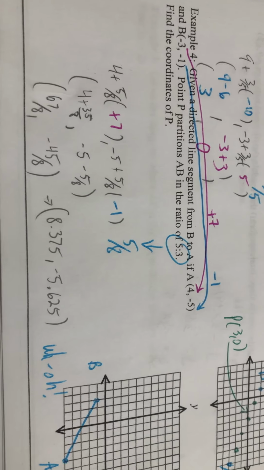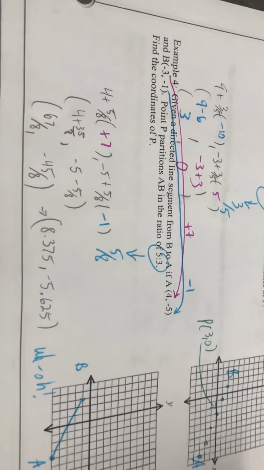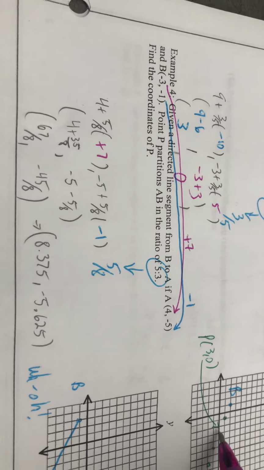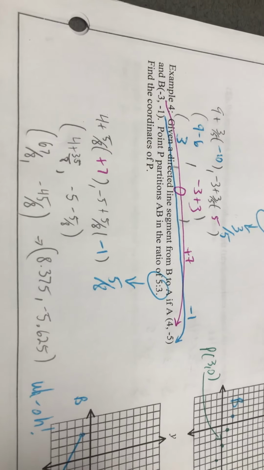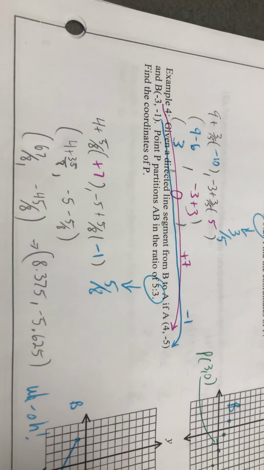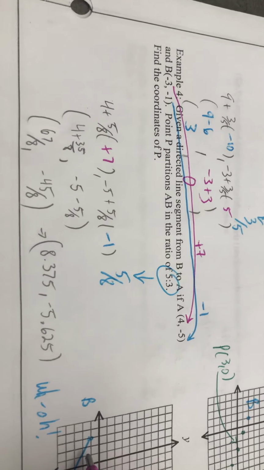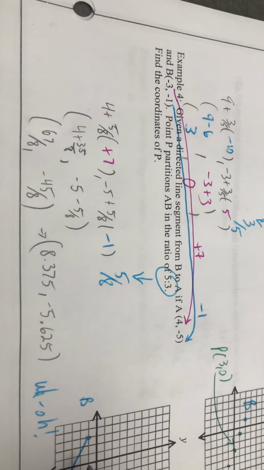I think this one is incorrect because I don't think that point lands on this line. So from A to B, and I've got a value of 8. That doesn't even make sense. So the value of 8 doesn't make sense here, so I'm going to do some investigating. Shoot, I don't know. We'll have to come back to that one.